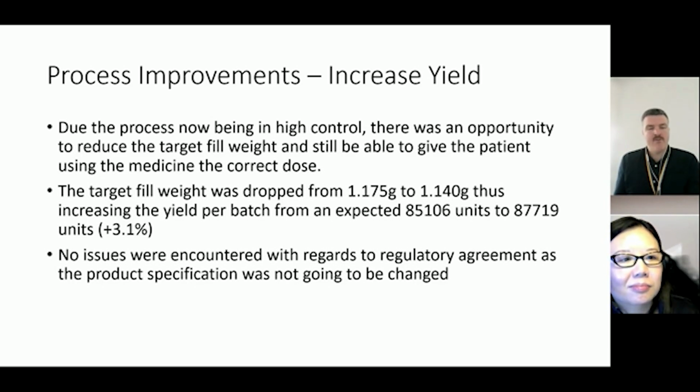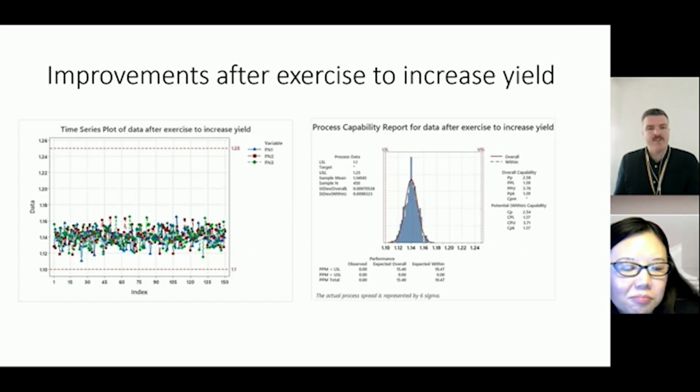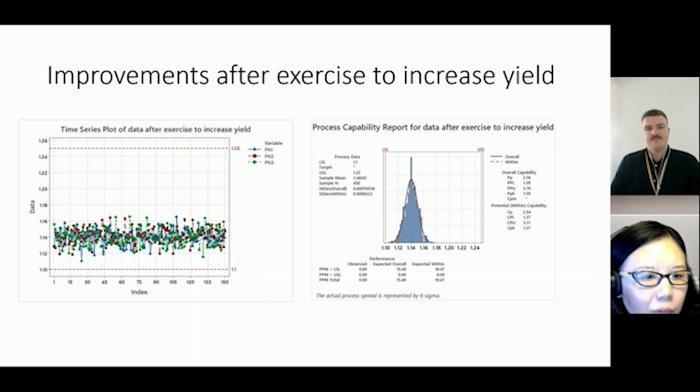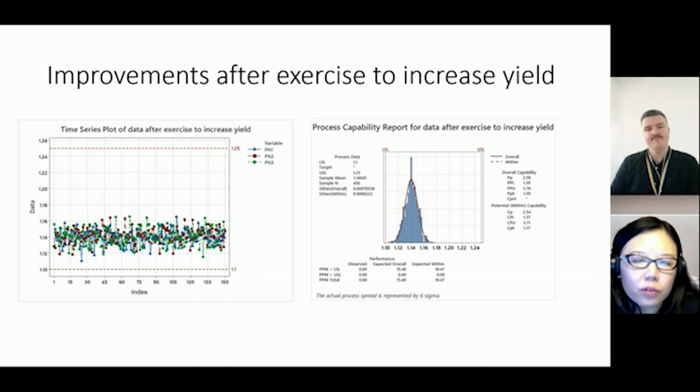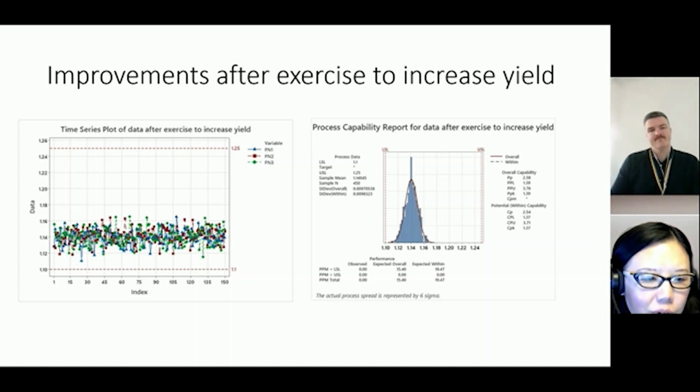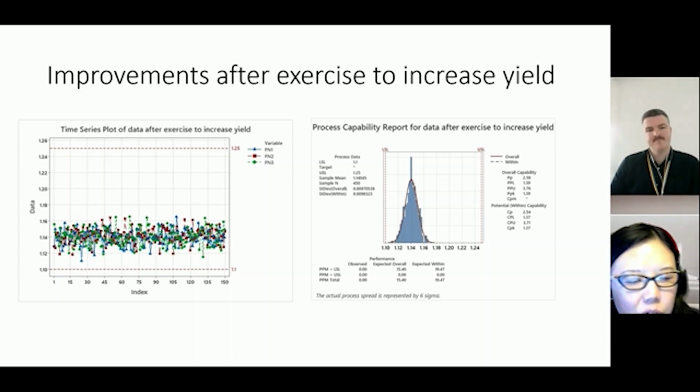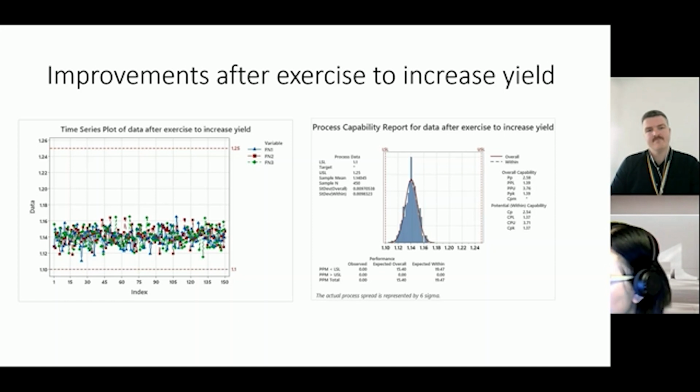Well, we'll show you what data we've got, but we're very confident that we should be able to stick with this. You can see you've moved the process closer to the lower limit, but you're still within your target, and for the capability indices, you're still within ideal ranges.